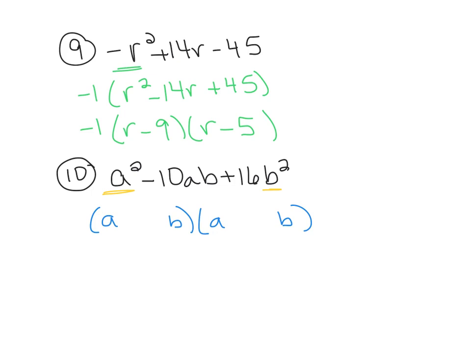No big deal. Still focus on the signs, the numbers. Positive, but this one's a negative. So in order to have a positive, they're either both positive or both negative. But since this one's a negative, they're both going to have to be negative. You should have come up with 2b and 8b. And again, you could have those flipped.